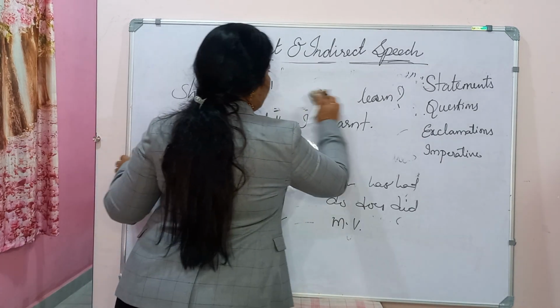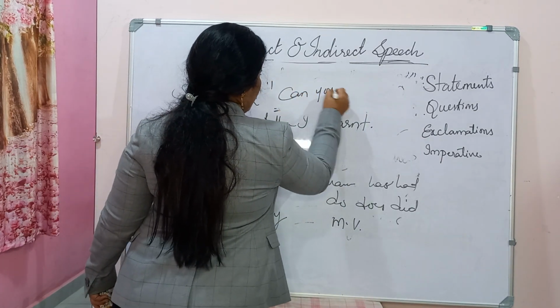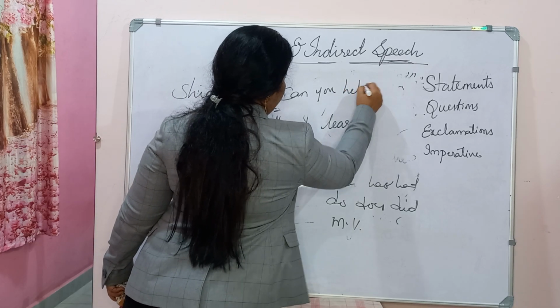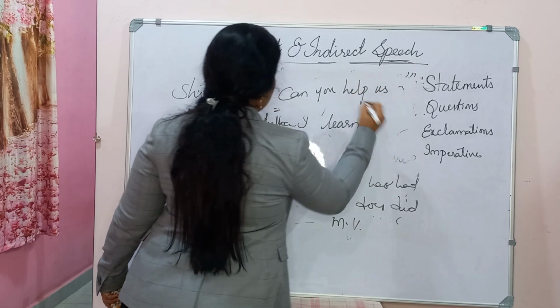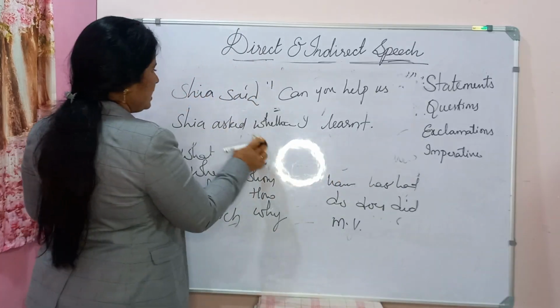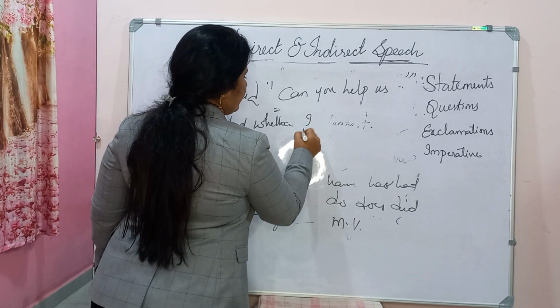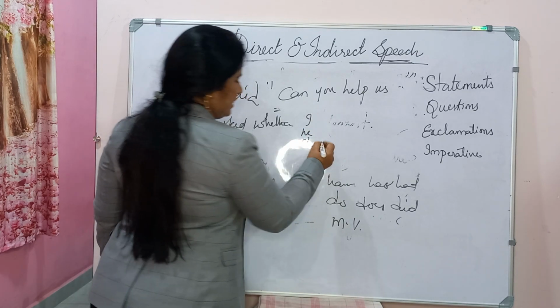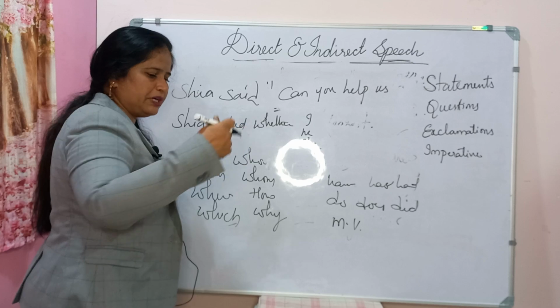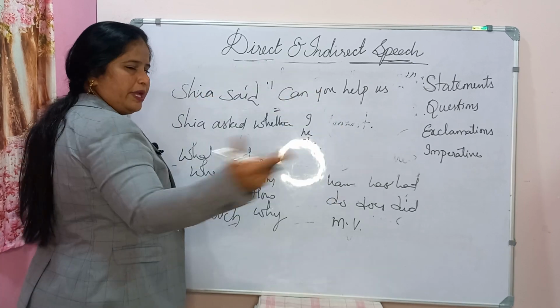So let us take one more sentence. Can you help us? If it is she asked whether I, or he or she, it can be according to the situation. You will know whether she is saying to me or to my friend or somebody, boy or girl.